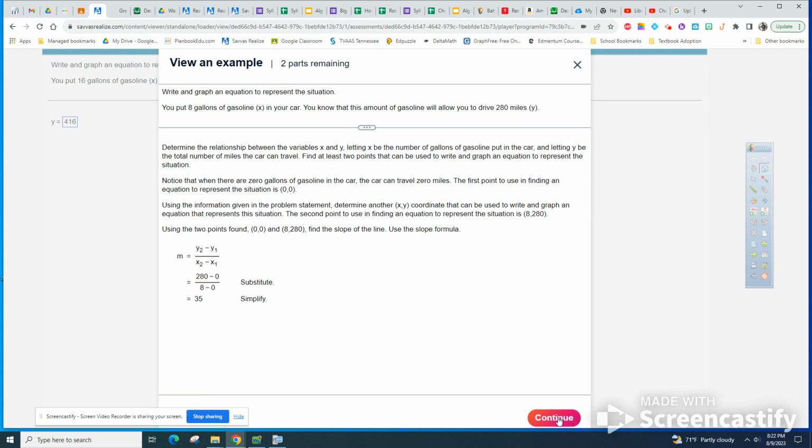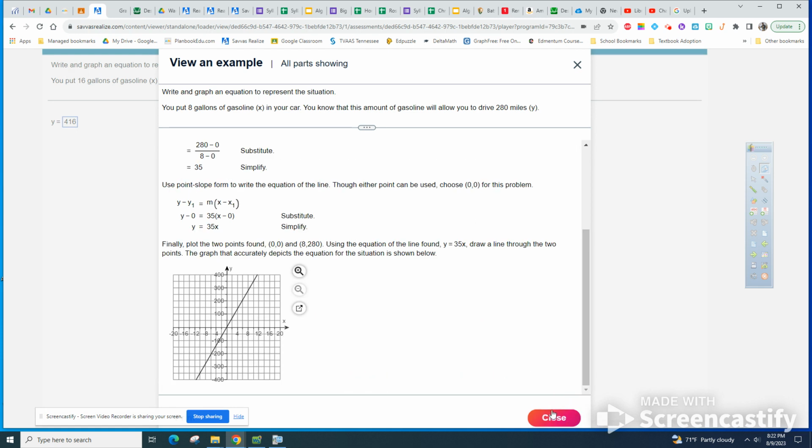And then from slope, you're going to do mx plus b. Or they're going to do point slope. Okay. They're using point slope. So they put in 0, 0, and then slope, which is same idea there. And then you graph it. Cool.